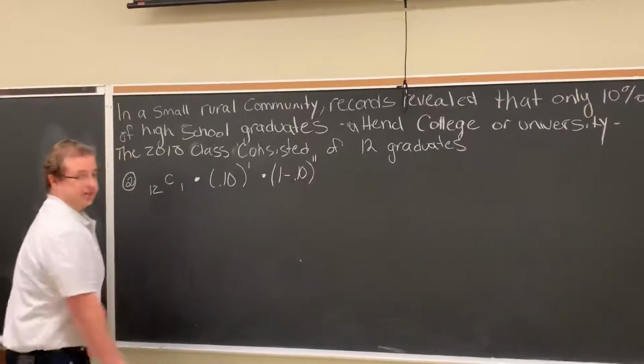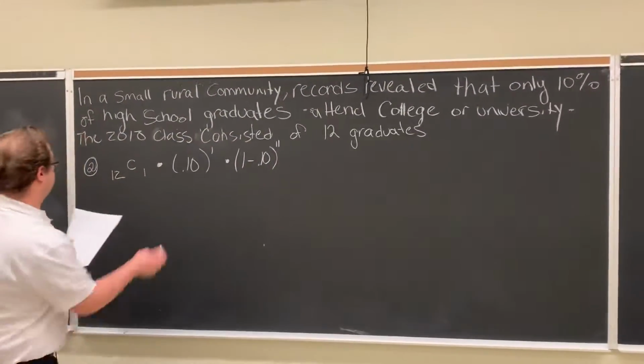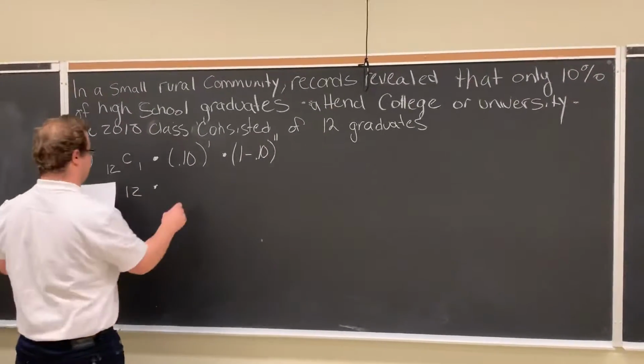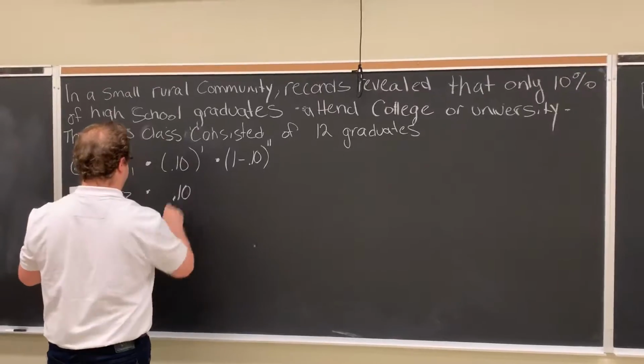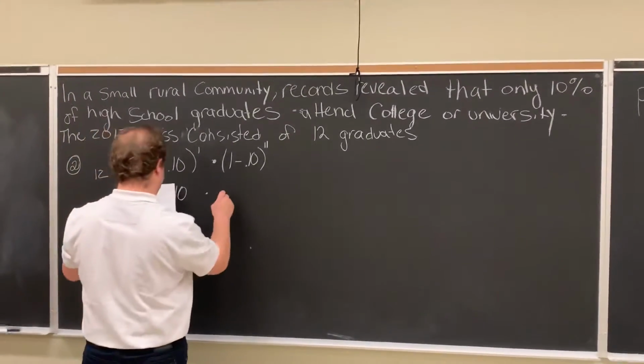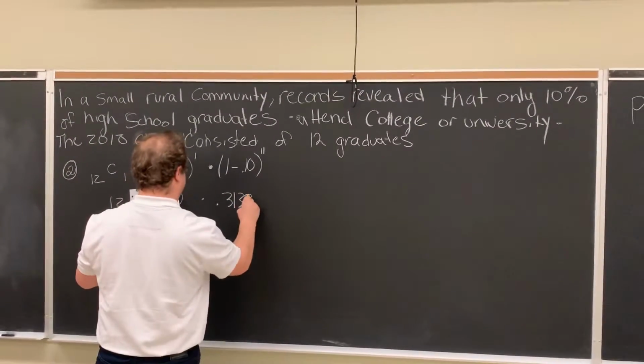So, when we break this down, this equals 12 times 0.10 times 0.3133811.